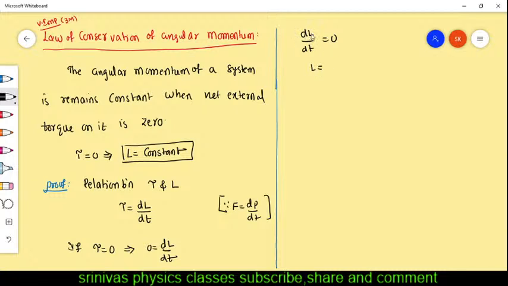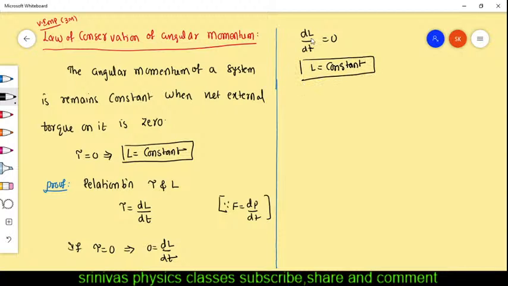From this, the rate of change of angular momentum is 0, which means the change in angular momentum will be 0. If angular momentum is constant, then automatically its change will be 0.